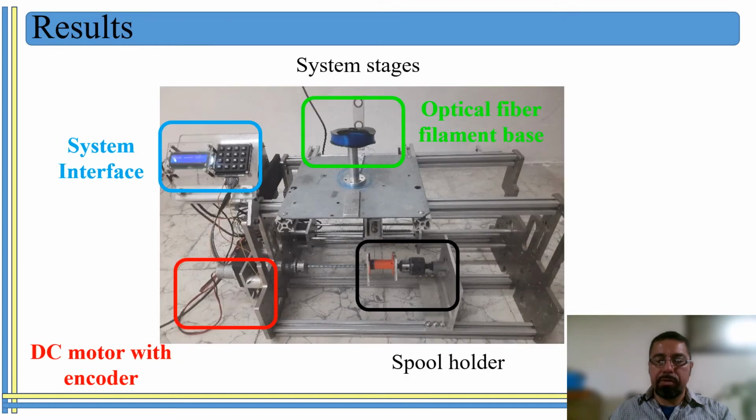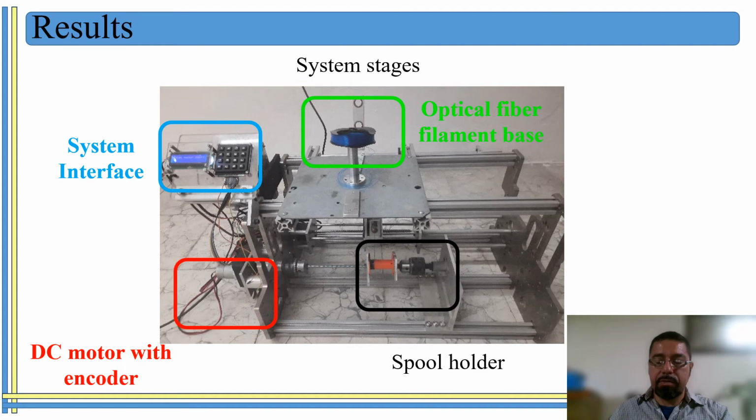Okay, on this picture you can see physically how the machine is built, how the machine is armed. For example, you can see the DC motor connected to the encoder, and then the encoder is connected to the main board.